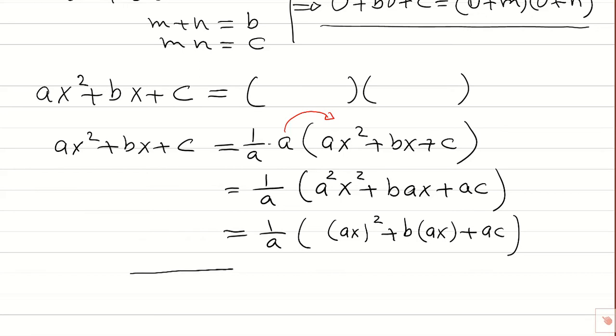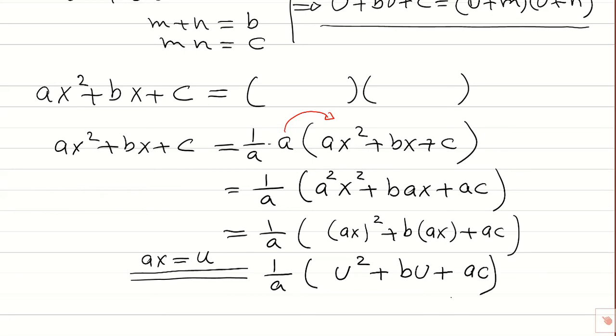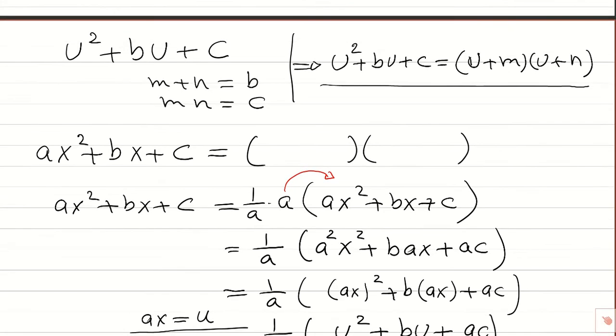Now if we set ax to be u, then I can rewrite this as u to the 2 plus bu plus ac. Now if you compare this one with this, you can see the similarity.